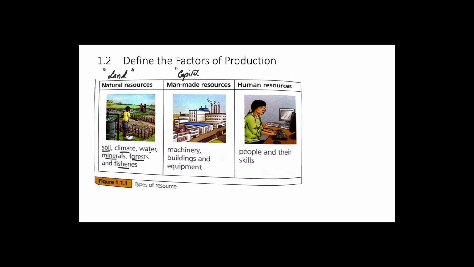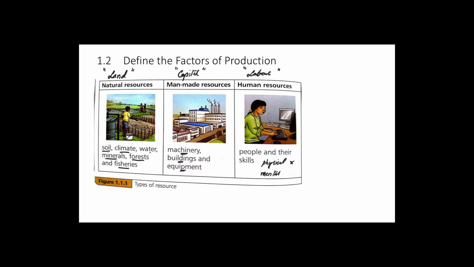Capital is the man-made resource which helps you produce other goods and services, which includes machinery, buildings, equipment, etc. Labor is the human resource. Now, when we talk about human, we are talking about people's physical and mental effort.